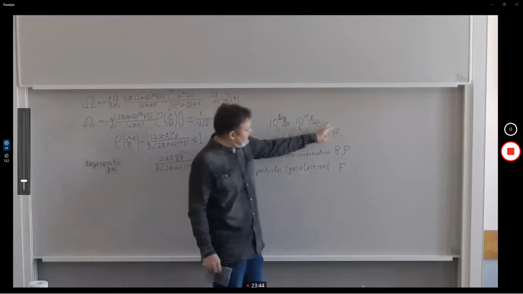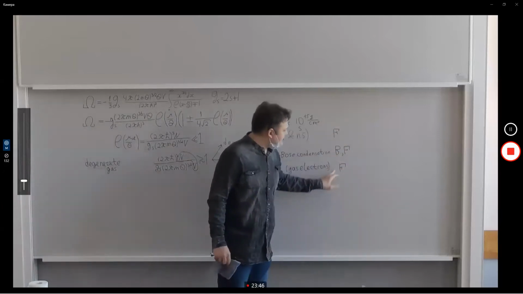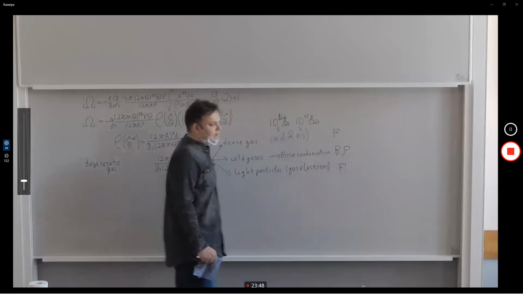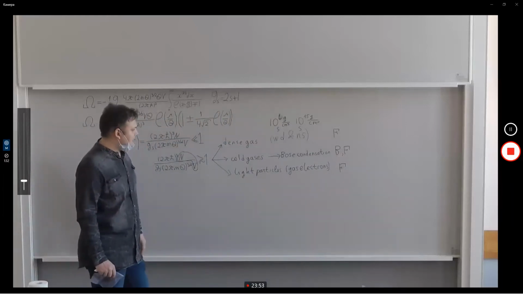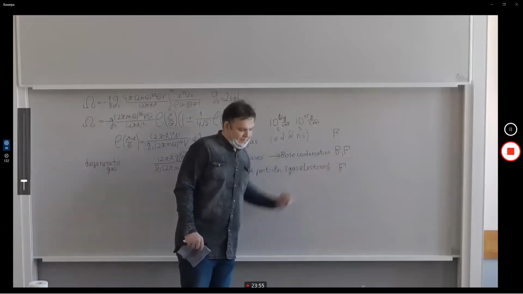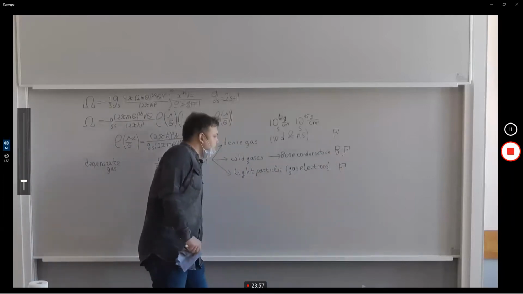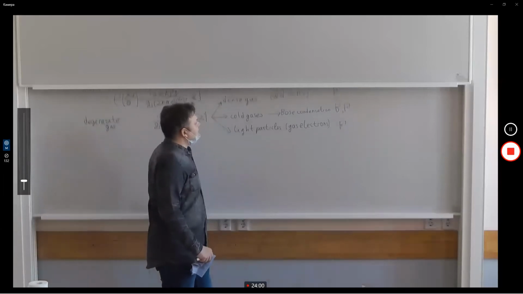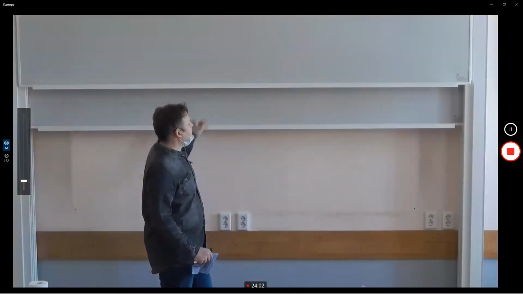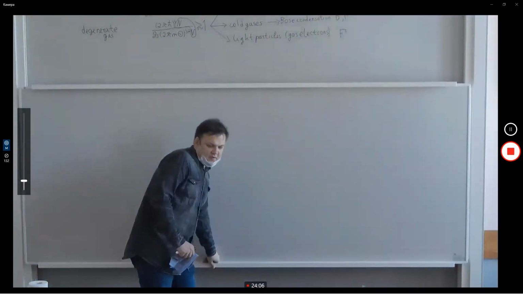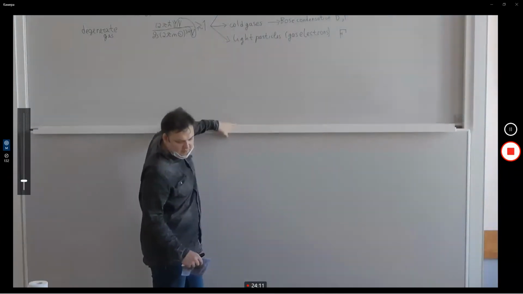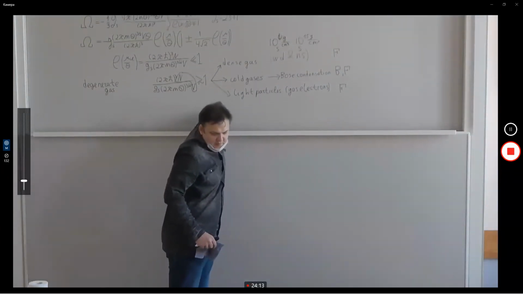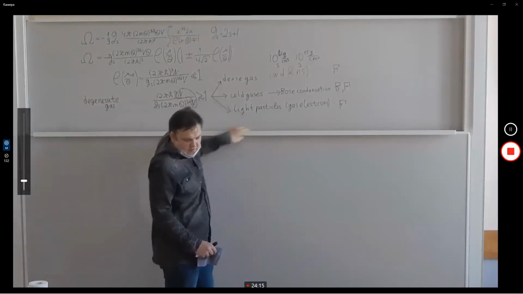As we see, the case of fermion gas is the most interesting, and it is much simpler than the Bose gas. So we start our consideration from the gas of fermions. Let me try to keep this on the whiteboard.